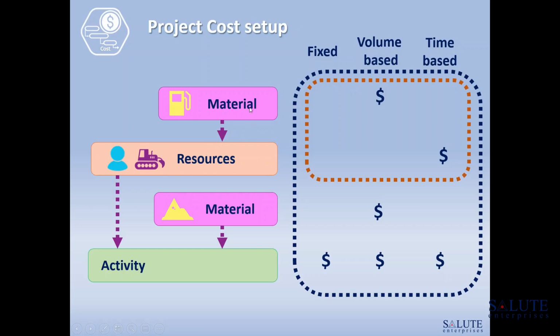And if there is any material consumption by those resources, for example, a bulldozer and fuel, then the cost would be driven by both of these components. Material would be driven based on volume, and resource cost would be driven by time. And the summary of all these cost components and elements would form the total activity cost.